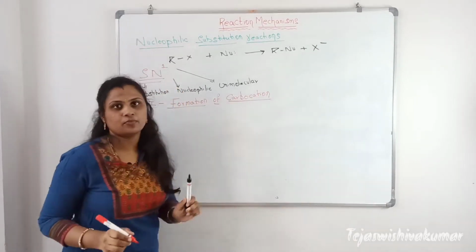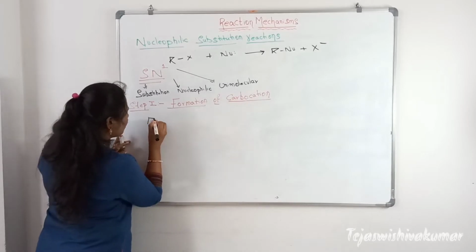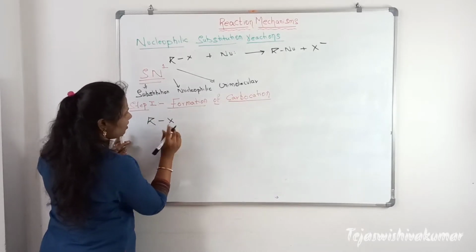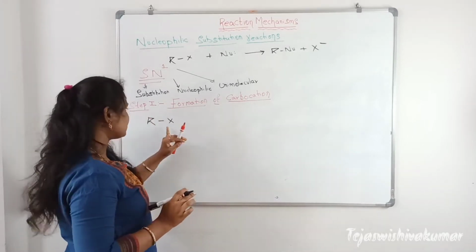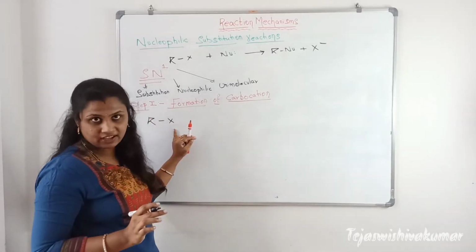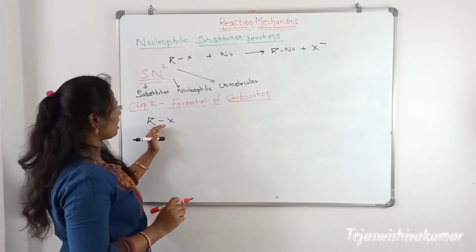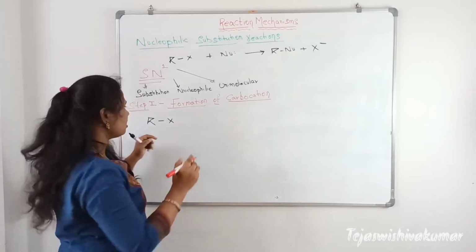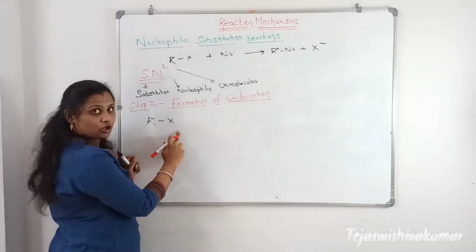Formation of carbocation. Now see, as usual, take our substrate RX, which is an alkyl halide. X ante halide, so RX. Now what will happen? X being more electronegative in nature, it will try to pull the electrons towards itself kada. So now it will leave easily by taking these 2 electrons with it.